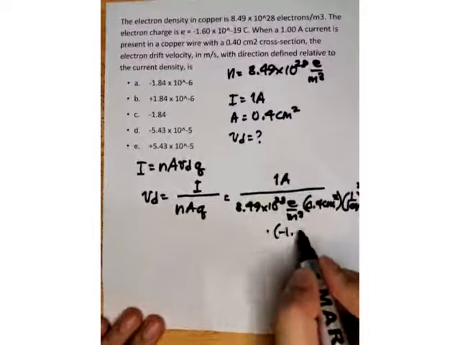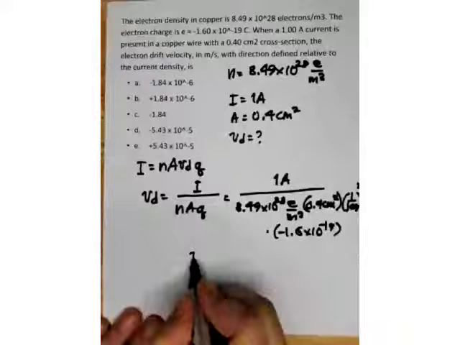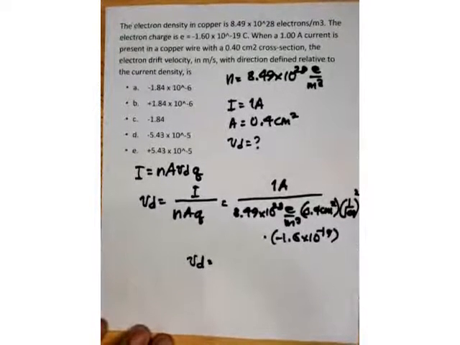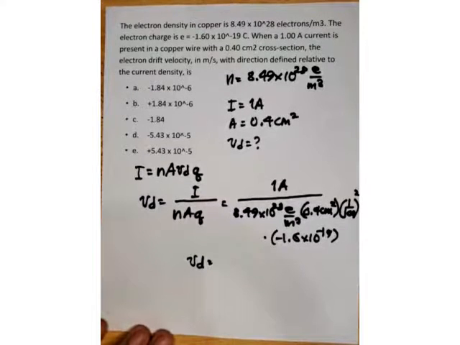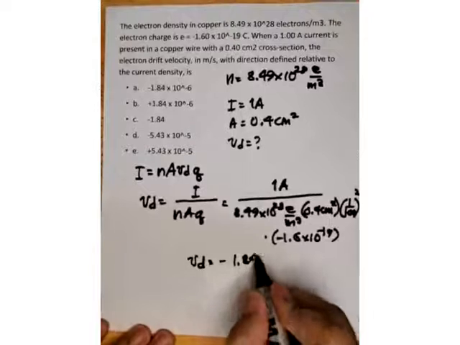So what's our drift speed? Drift velocity. Okay, negative 1.84 times 10 raised to negative 6 meters per second.